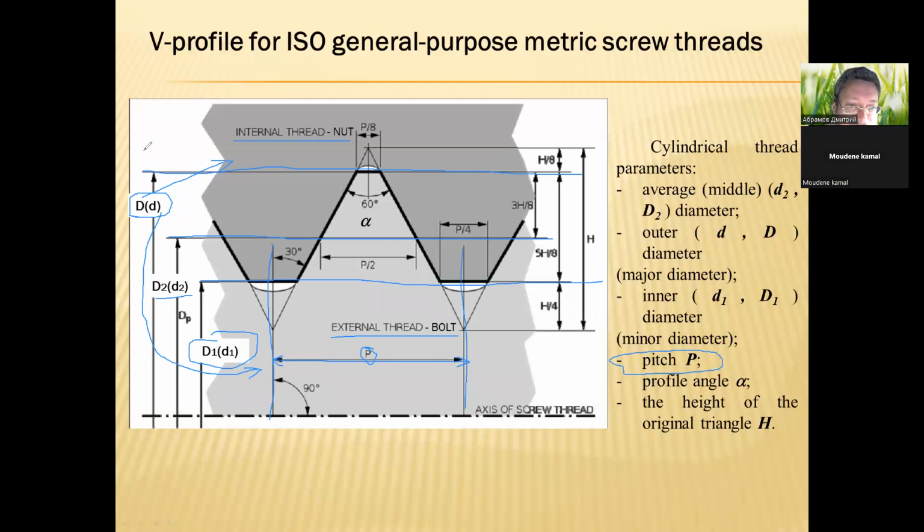Profile angle for metric screw threads is equal to 60 degrees. Alpha is equal to 60 degrees for the metric threads.